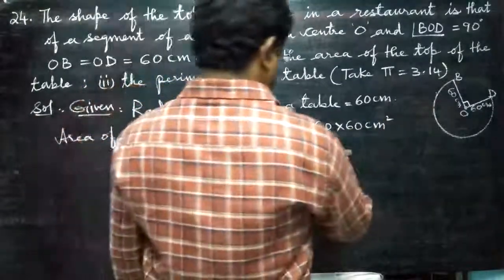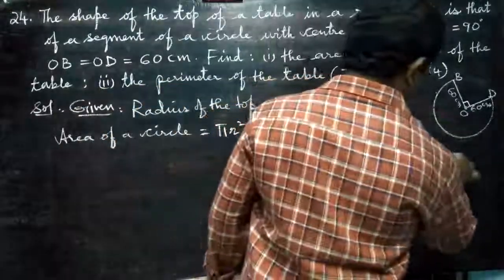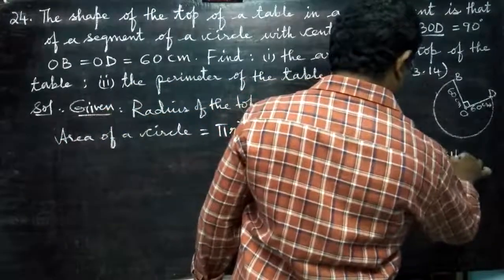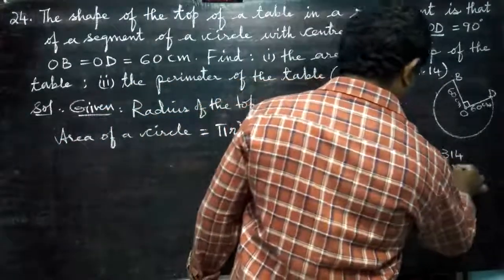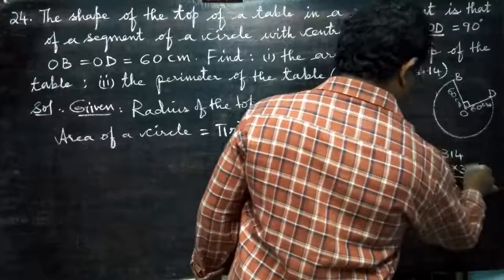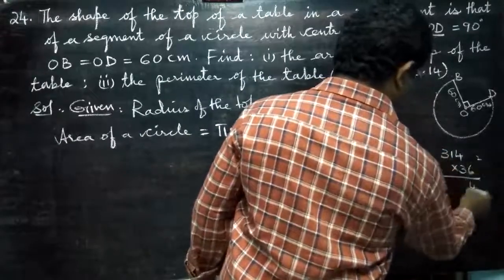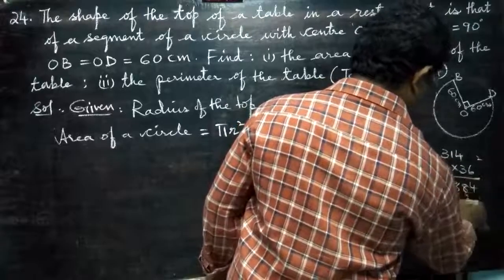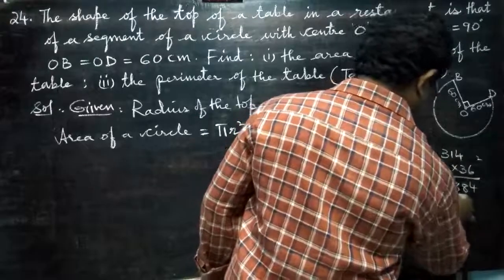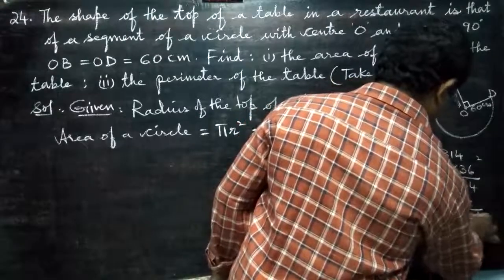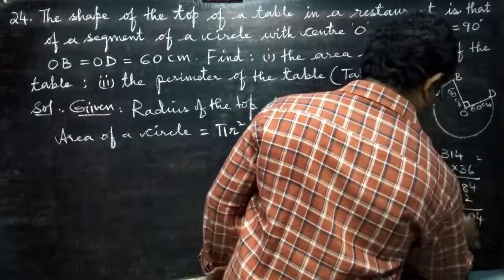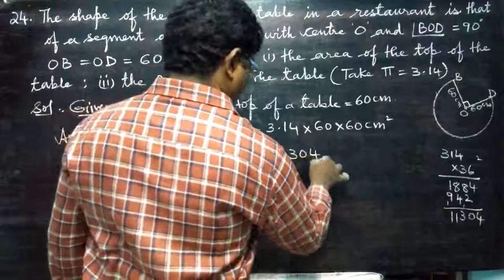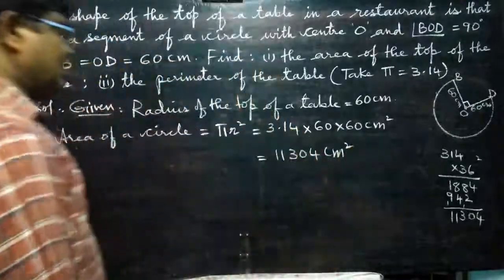Now 6 6s are 36. 3 point, here 2 zeros are there, so the decimal will also move. 314 into 36, that is the simple way. 24, 2 here, 8, 18, 12, 1 here, 4, 3 3s are 9, add 4, 10, 13, 1 here, 11. So 11,304 centimeter square.